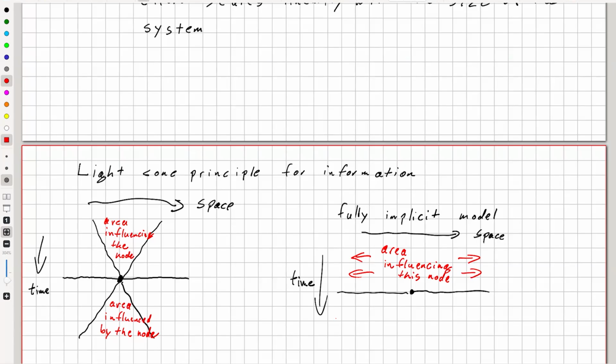And the same thing here, the influenced area also stretches out to infinity.